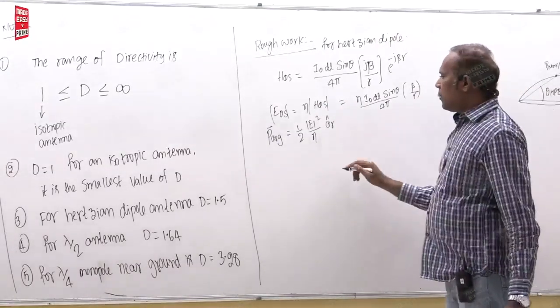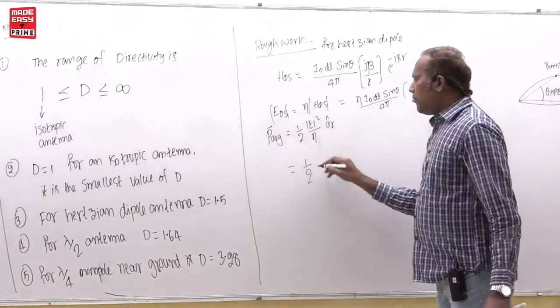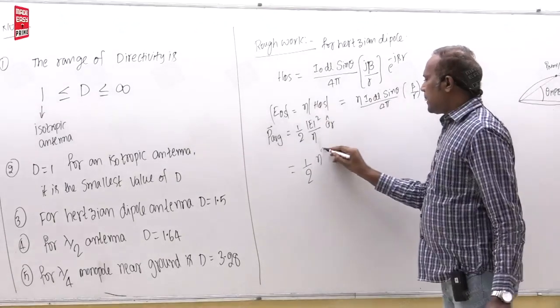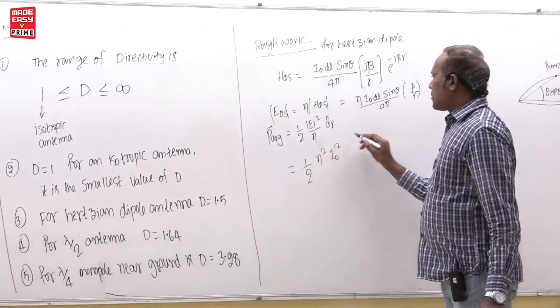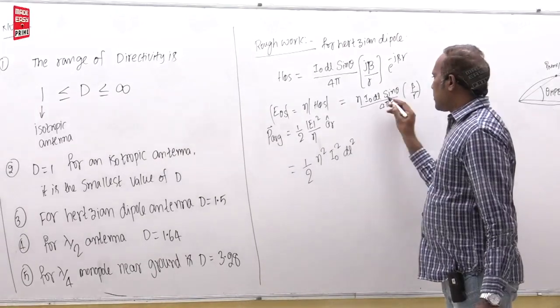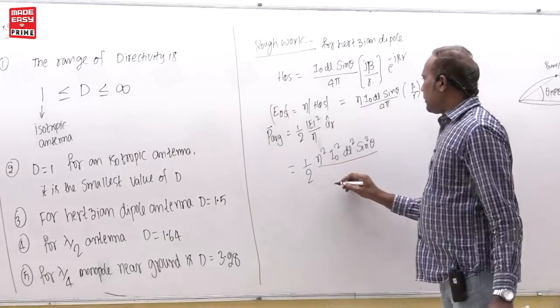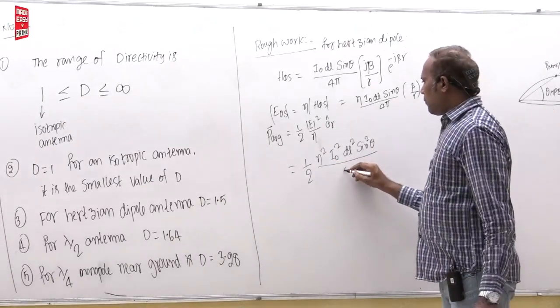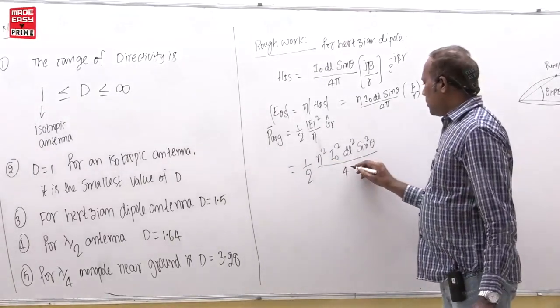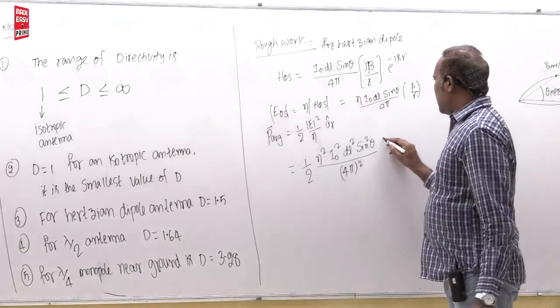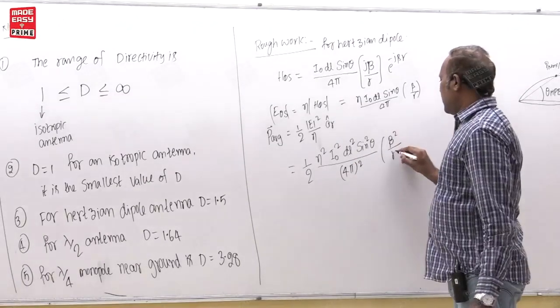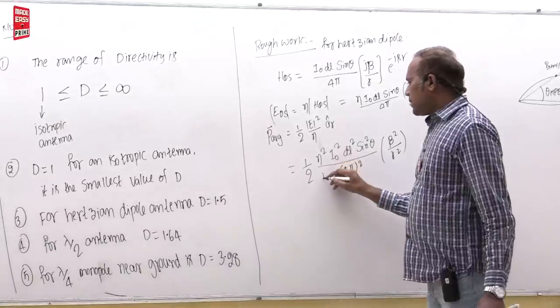Now that is equal to half into electric field square, which means eta square I naught square dl square sin square theta divided by 4 pi square and beta square by r square, and eta was there here.